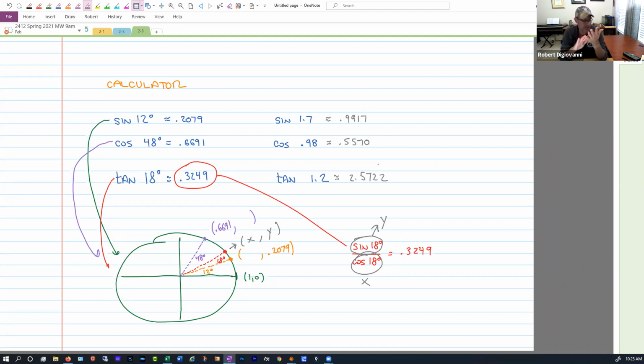Now we're actually ready to do something useful with this. Applications. So let's say that you're standing next to a very large tree. Here's you, standing next to this very, very large tree.